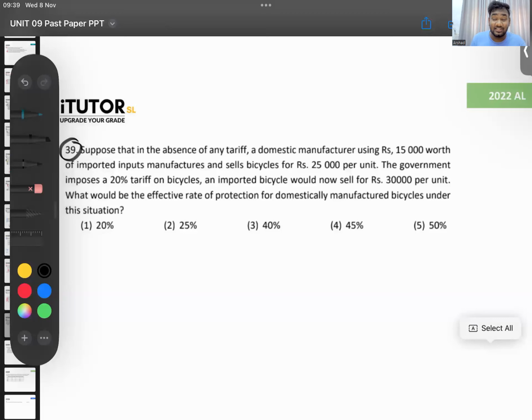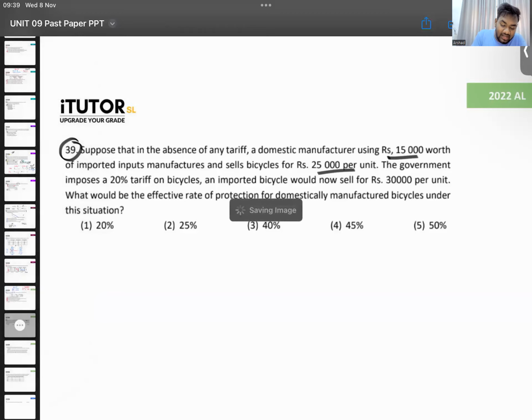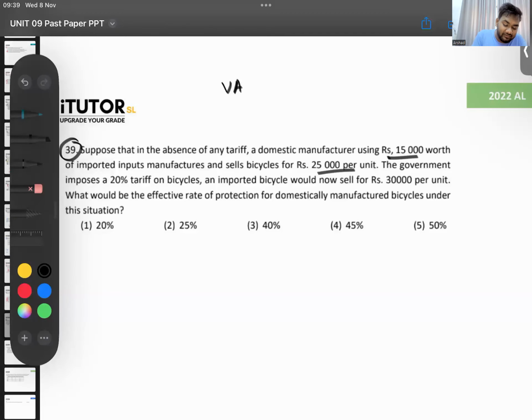Suppose that in the absence of any tariff, a domestic manufacturer using 15,000 worth of imported inputs manufactures and sells bicycles for 25,000 per unit. Tell me, how much is his value added before the tariff?